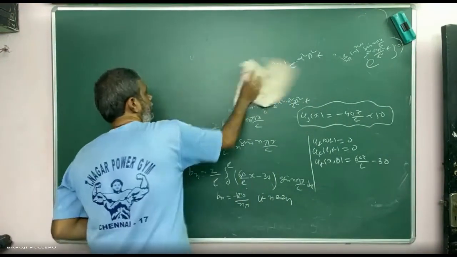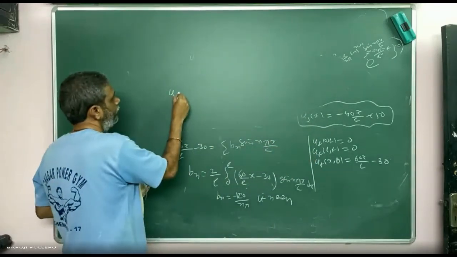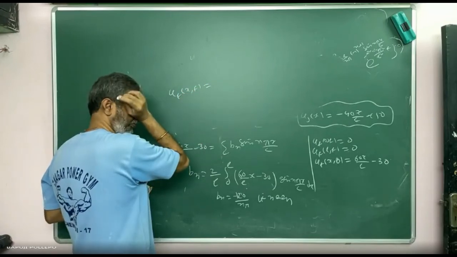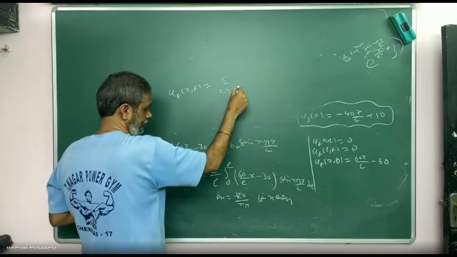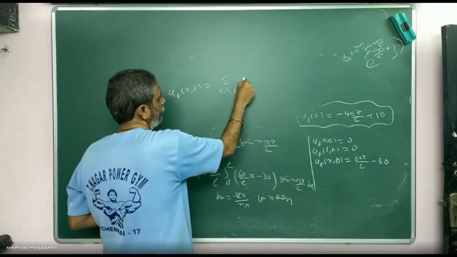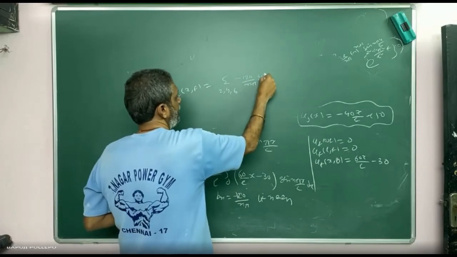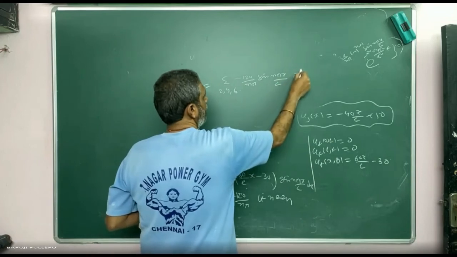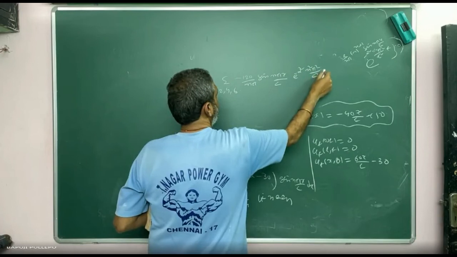Now, right? Now, what is this solution actually? Ut of x comma t is equal to the sum over n is equal to 2, 4, 6 of minus 120 by n pi sin n pi x by L e to the power of minus alpha square n square pi square by L square into t.